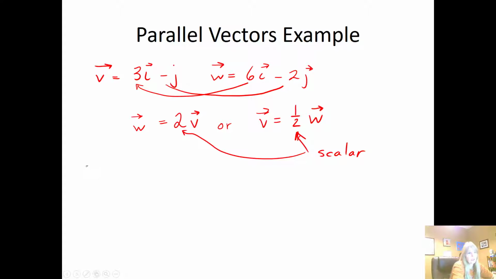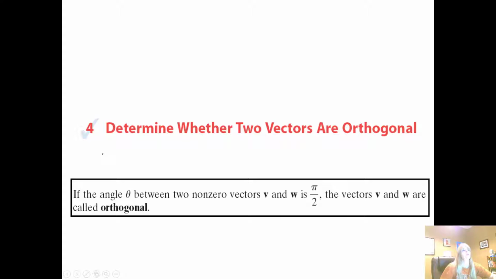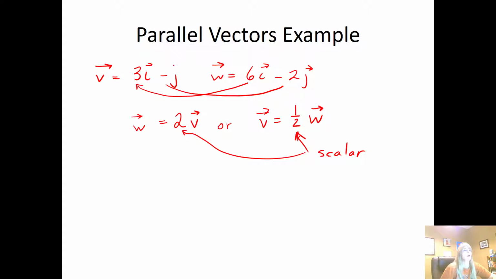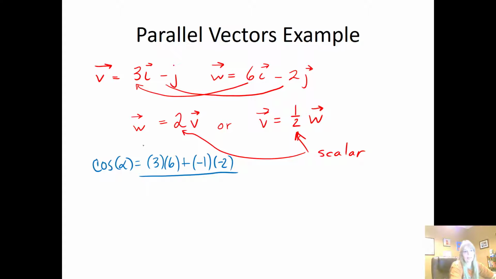So if you remember, we said the angle between two vectors, we use this formula: cosine alpha equals the dot product between these two vectors, divided by their magnitudes.